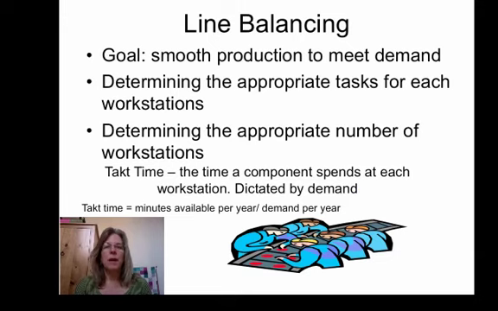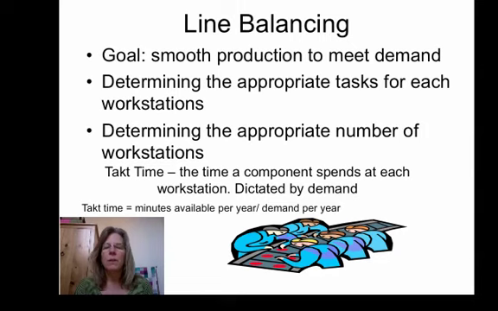So now we're going to move on to line balancing. The reason it's here is because if you have a production line instead of a process department, you'll be using line balancing techniques to figure out how exactly to balance that. It also is related to the number of machines in a situation. The goal of line balancing is that you have smooth production that's going to meet demand.